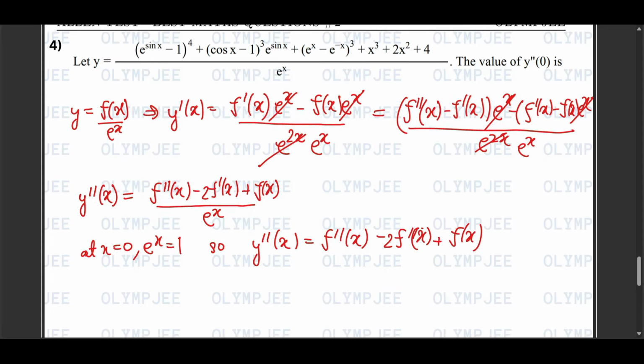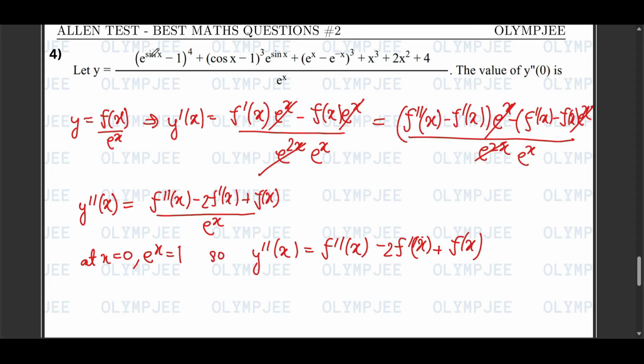So f(0) we can easily find out because this is 0, this is 0, this is also 0, and this is 0, this is 0. So f(0) will be 4.